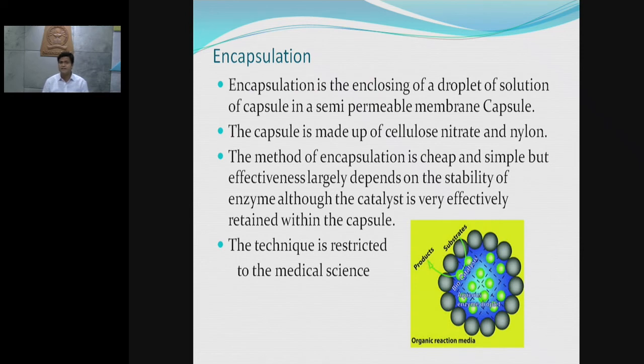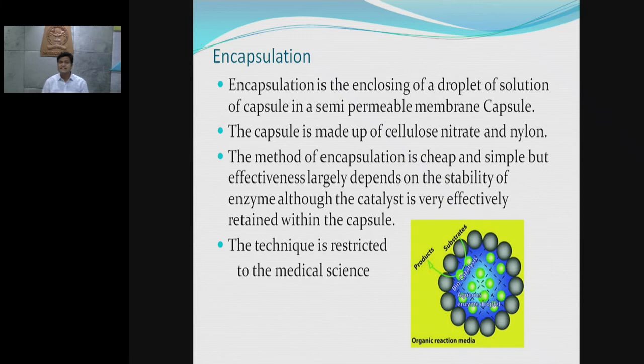Encapsulation is another way where we can enclose enzyme molecules in a droplet of solution, and this capsule is a semi-permeable membrane capsule. Of course this semi-permeable membrane capsule is made up of cellulose nitrate and nylon. This method of encapsulation is very cheap and simple, but it depends on the stability of the enzyme and the catalyst working effectively, because within a capsule the catalytic activity of the enzyme should be retained.